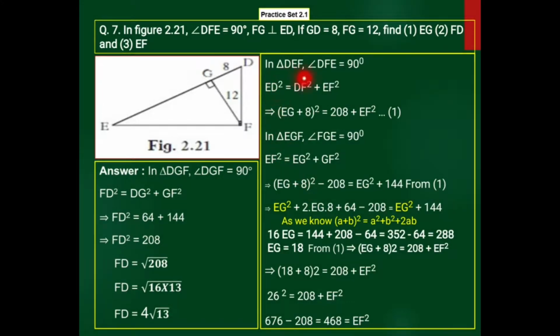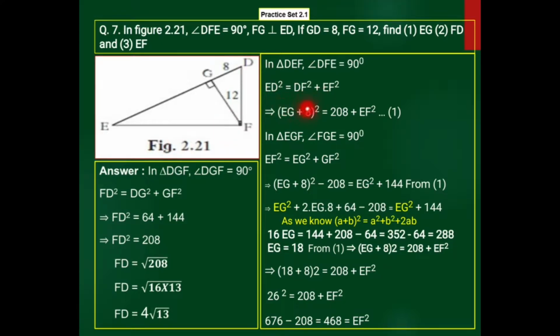In triangle DEF, angle DFE equals 90 degrees, as given. So again we use the Pythagoras theorem. ED is the hypotenuse, so ED square equals the sum of the squares of the adjacent sides. The adjacent sides are DF and EF.